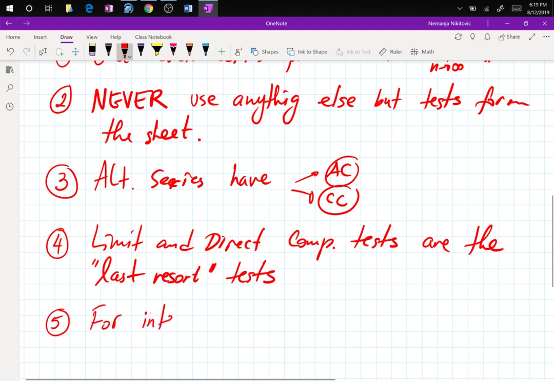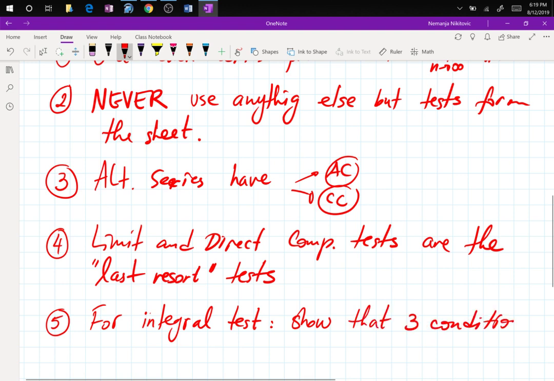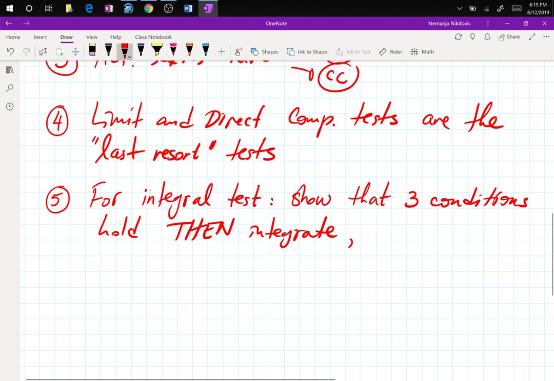For integral test, show that the 3 conditions hold, then the integral and sum share the same fate.